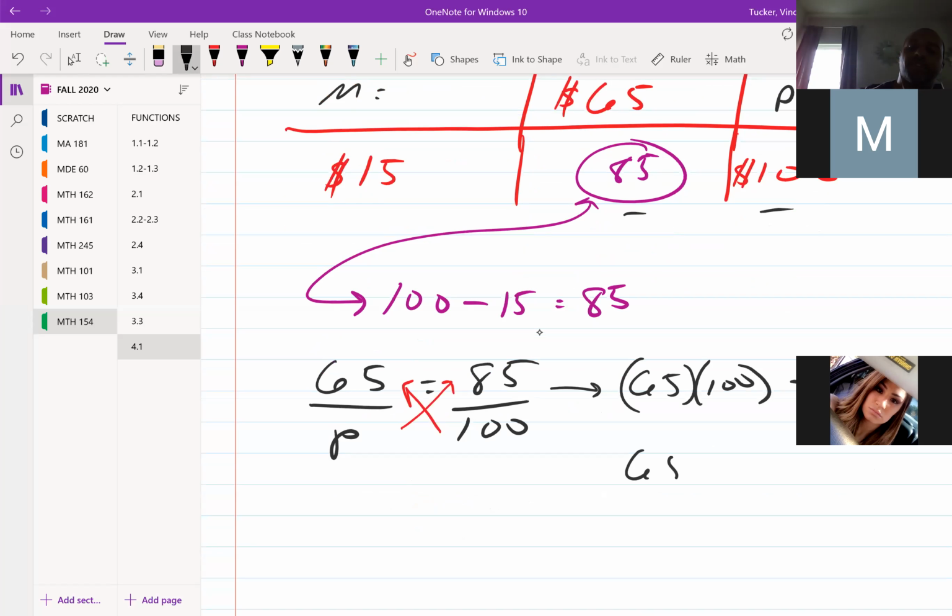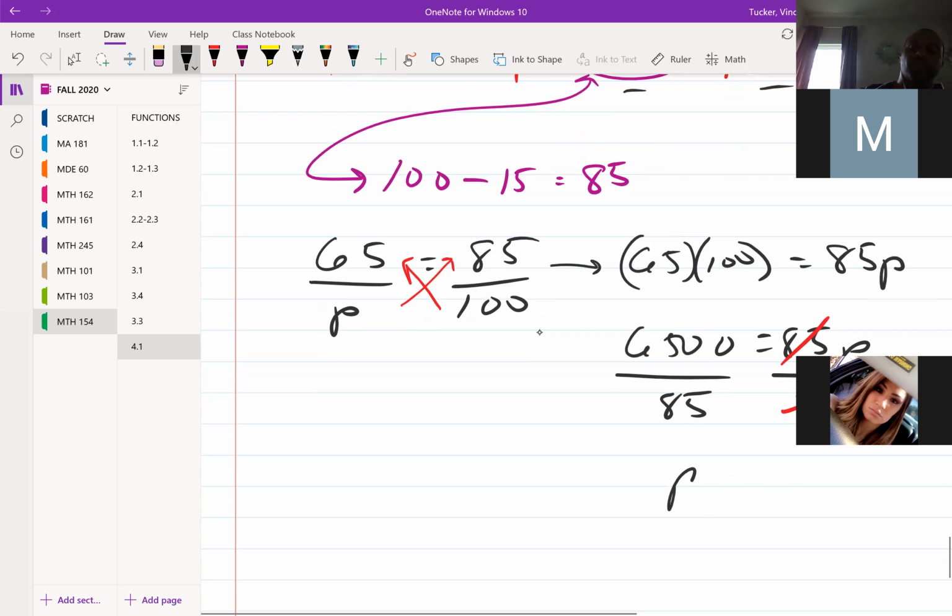We have 6,500 equal to 85P, divided by 85. P is equal to 77.38.